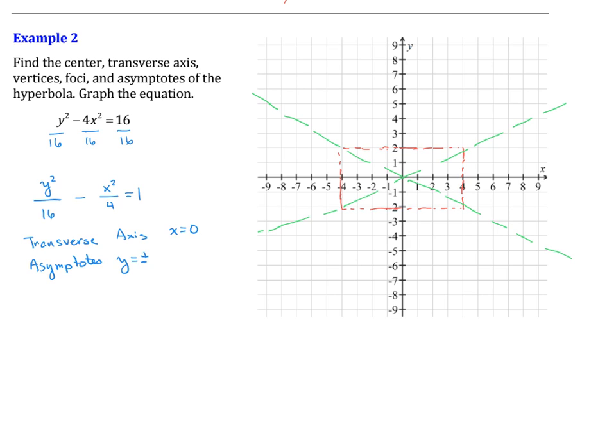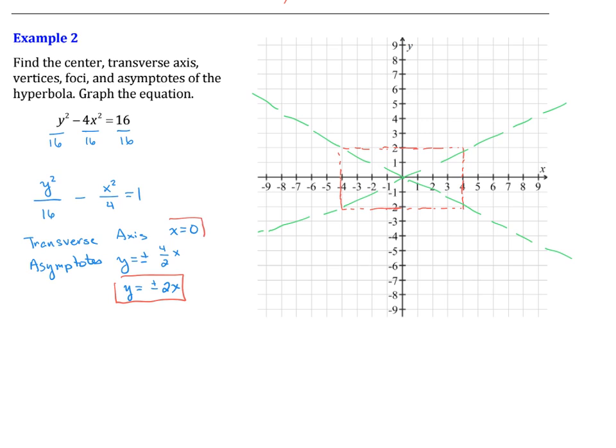Look at the denominators. It's the y over the x. So 4 over 2, because we're looking at the square roots, and 4 over 2 is the coefficient of our x. It's the slope. But we don't write 4 over 2. That's just 2x.